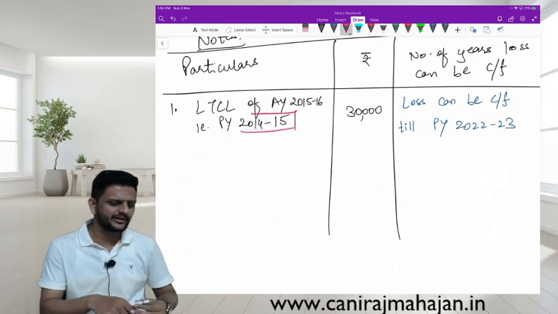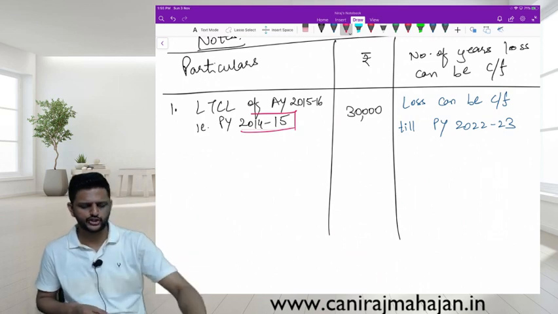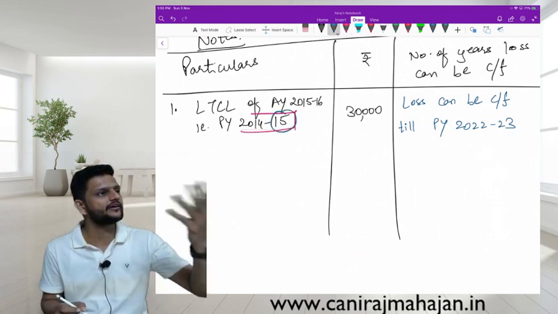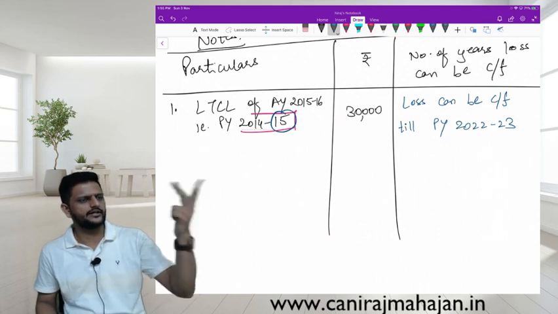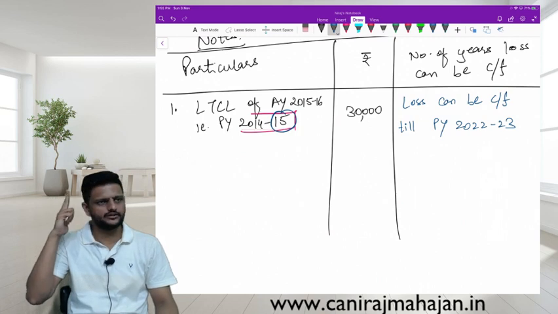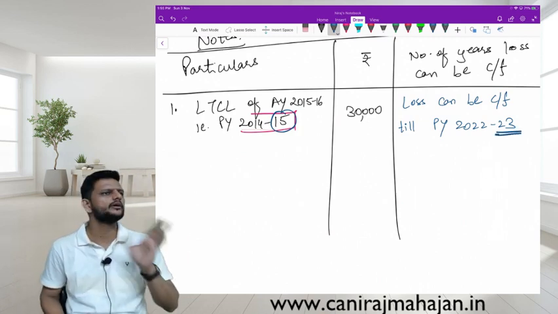So you can keep one figure in your hand. 15 is done. I am taking the end figure: 15, 16, 17, 18, 19, 20, 21, 22, 23. Correct. Very good. The last figure obviously should match.